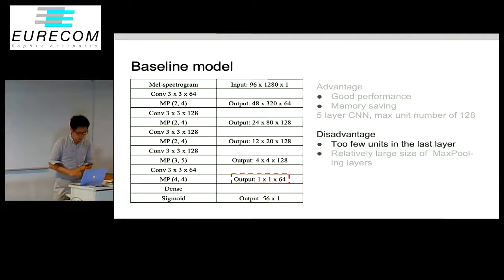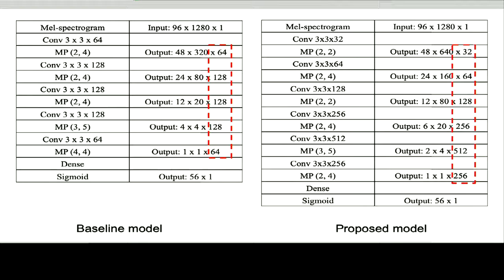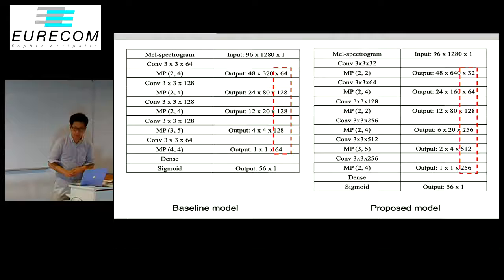However, we think there are too few units in the later layers, and it has a relatively large size of the max pooling layers. So our model has a better design of the units of each convolutional layer, and we have more units in the later layers.